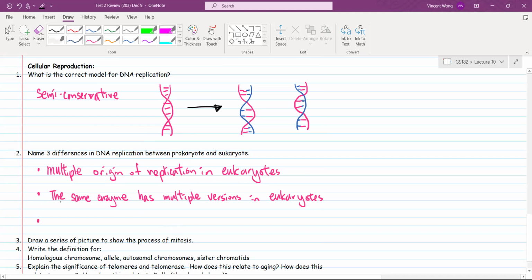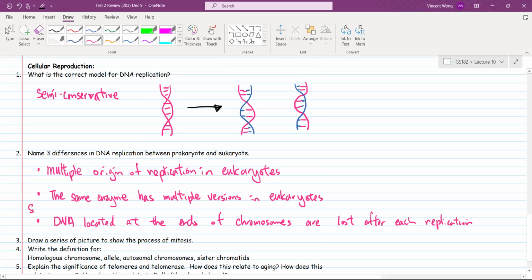And the last difference is that because eukaryotic DNAs are linear as opposed to circular, some DNA located at the ends of the chromosomes is lost after each replication.